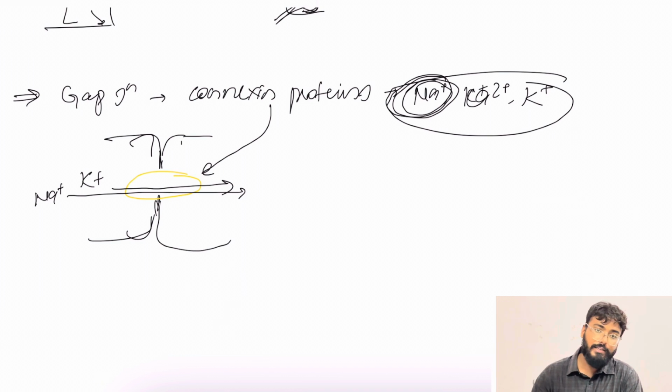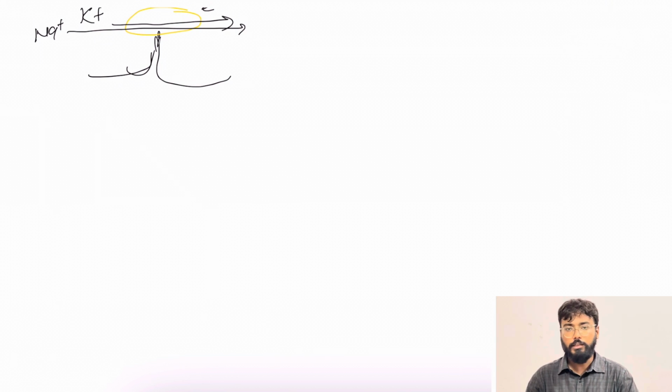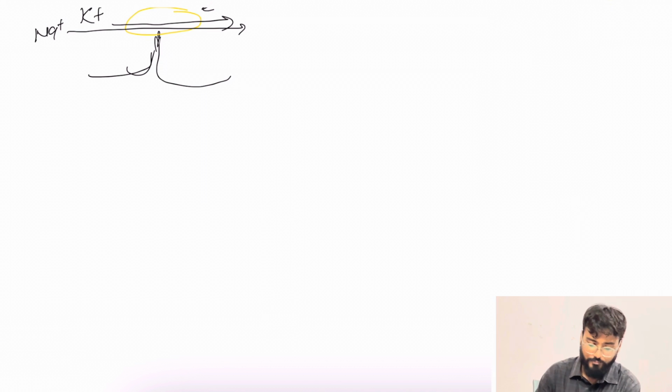This in turn causes opening of voltage gated sodium channels in the adjacent cardiomyocyte. This way, each cardiomyocyte keeps activating the next, and the whole ventricle and the whole heart is activated. This is how the action potential propagates throughout the ventricles.